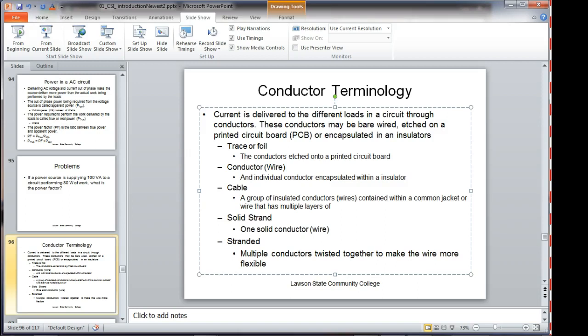So multiple layers of insulation, slash built with multiple layers, I guess, protection.